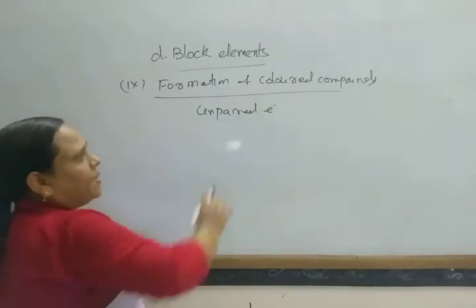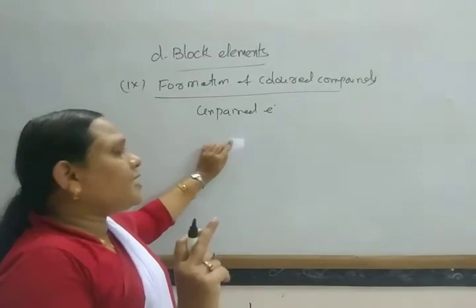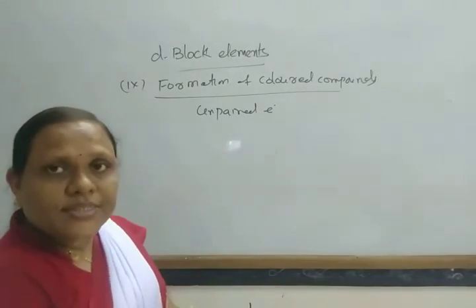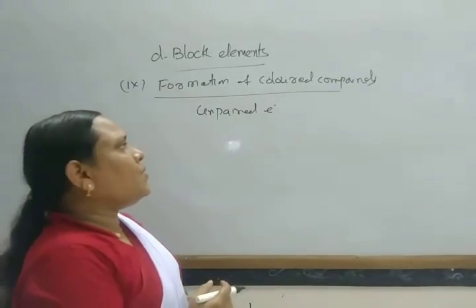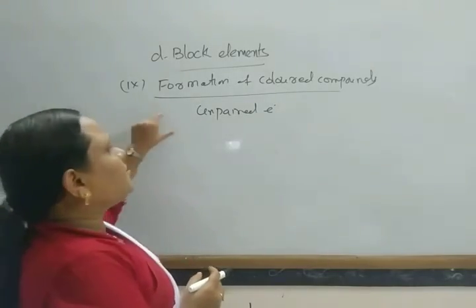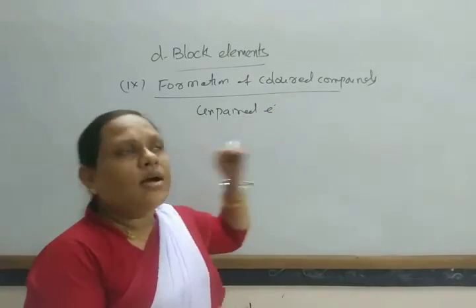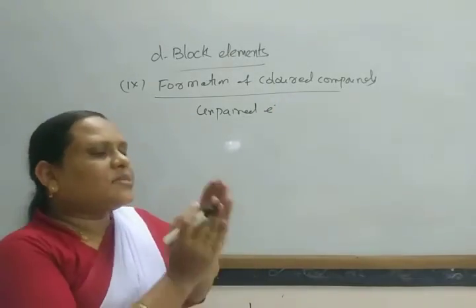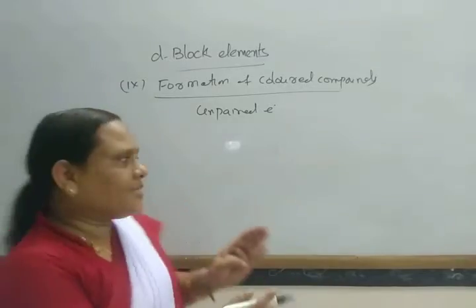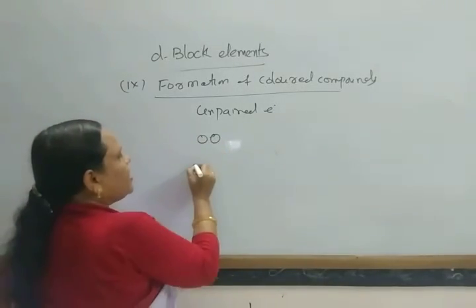Okay, so what happens? If the electrons are all paired, then no transition of electron takes place. Due to the presence of some ligands, these d orbitals split up into two sets, that is the t2g set and eg set.